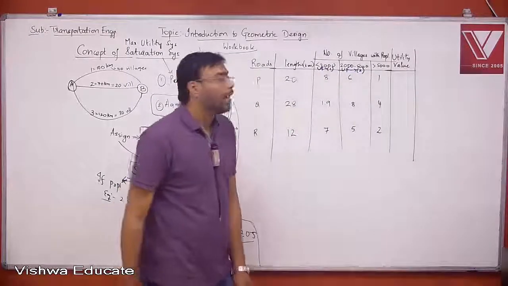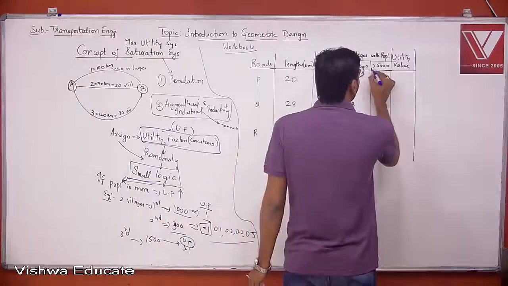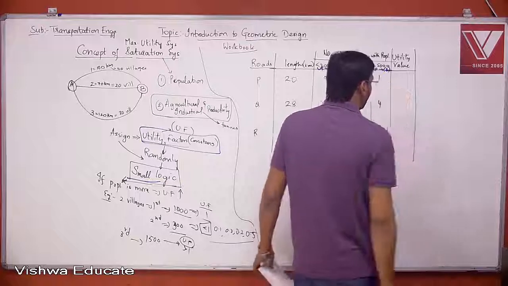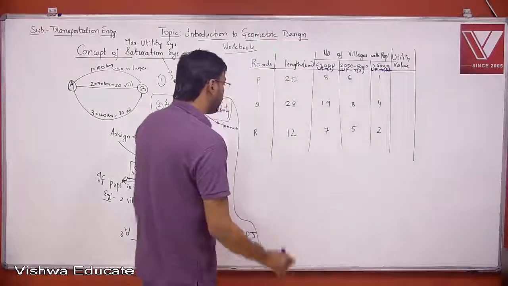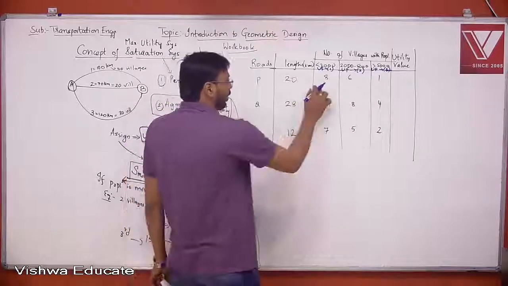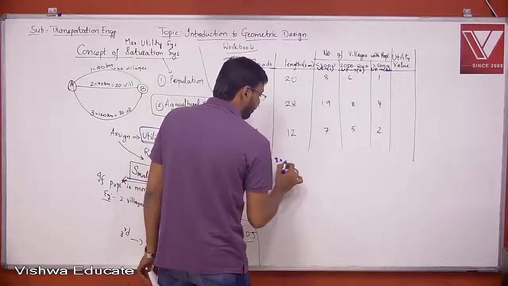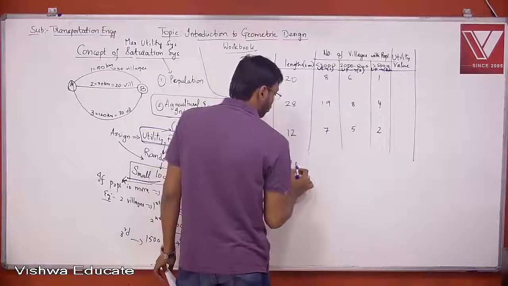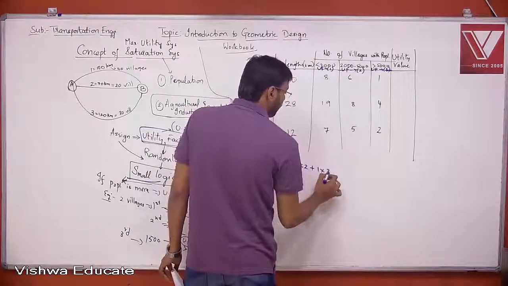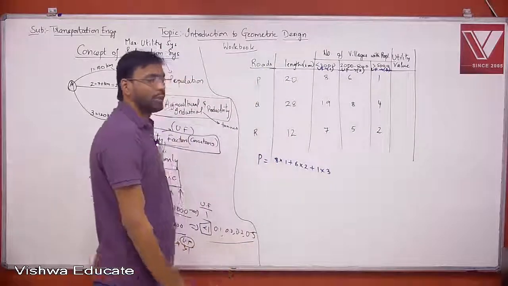And for the same reason, the same logic, now I take it as 3. So the utility value for P is 8 into 1 plus 6 into 2 plus 1 into 3. That is the total utility value.